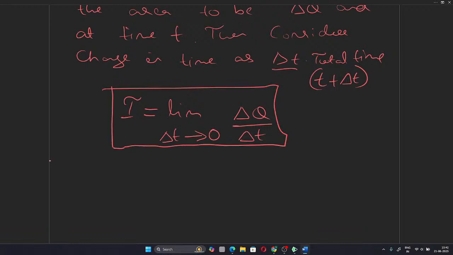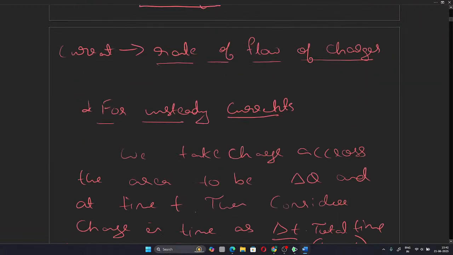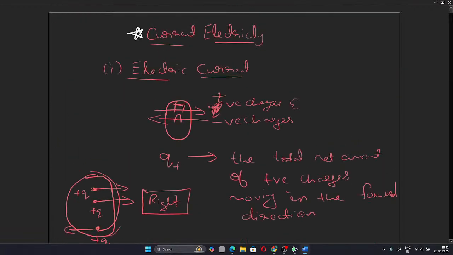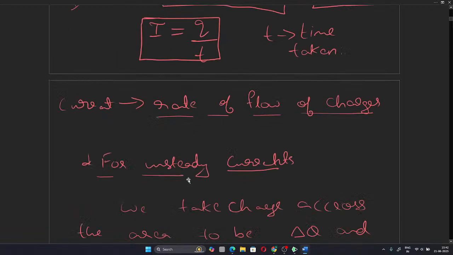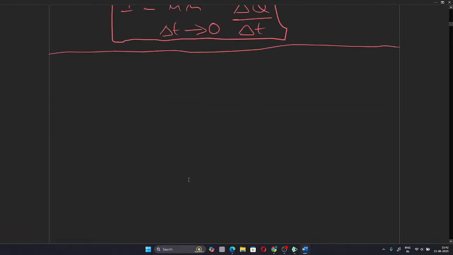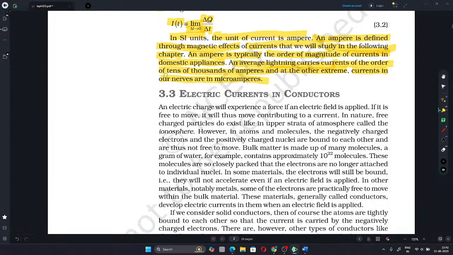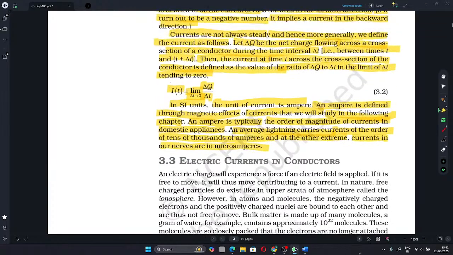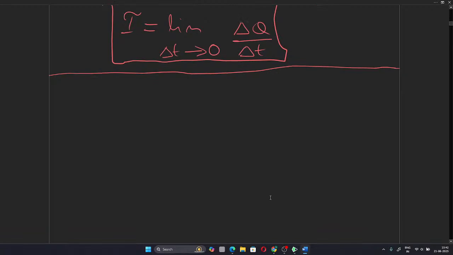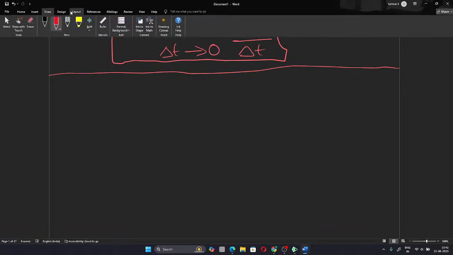This is the first topic of current electricity, electric current. They gave a few examples here.